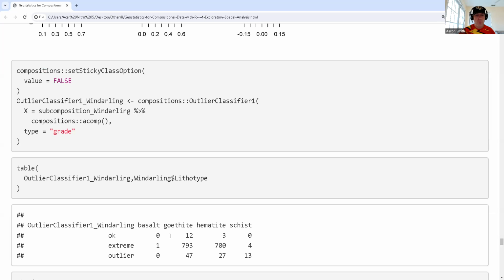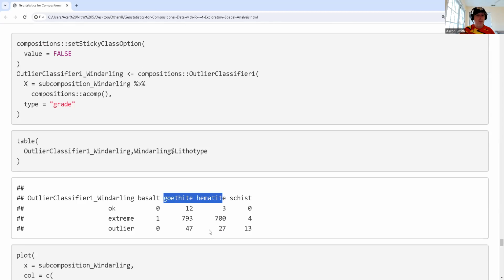For output, future code will match. But we see we just have one basalt observation. We have schist observations that are all extreme or outliers. So this means that this is different than the rest of our data. And the bulk, I don't even know how to say these words. I'll just leave them as is.